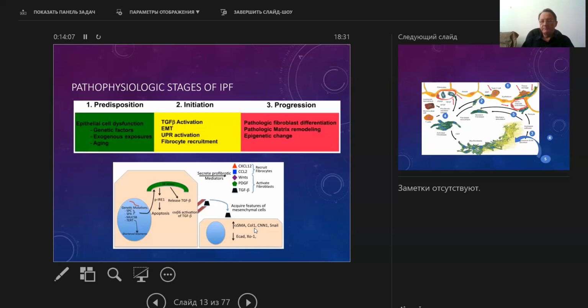It leads to activation of the fibrotic process.